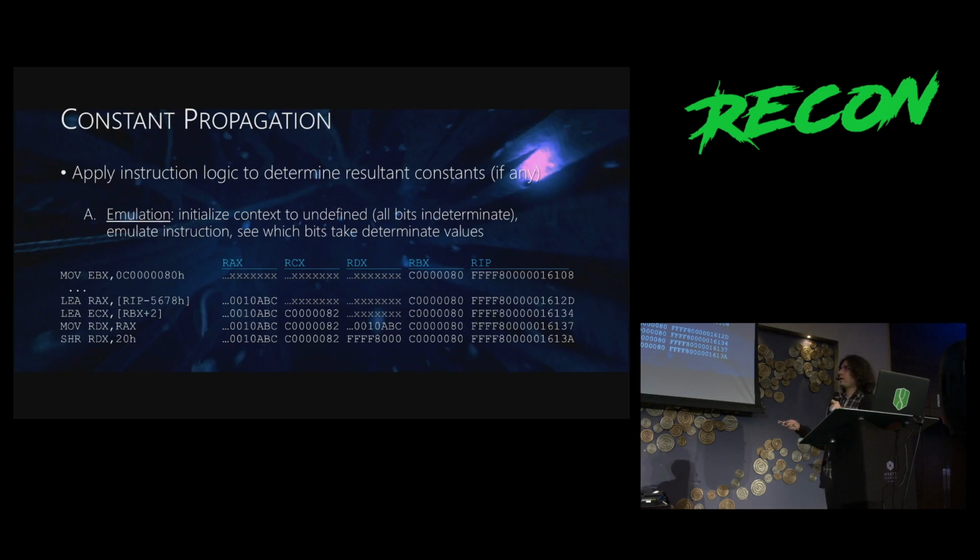Same case for ECX as a destination. We can come to a conclusion about ECX as a function of RBX plus 2. And again, for when we're getting the high and low DWORD of the hook function, we can come to a conclusion about that by, again, emulating the instructions at hand.